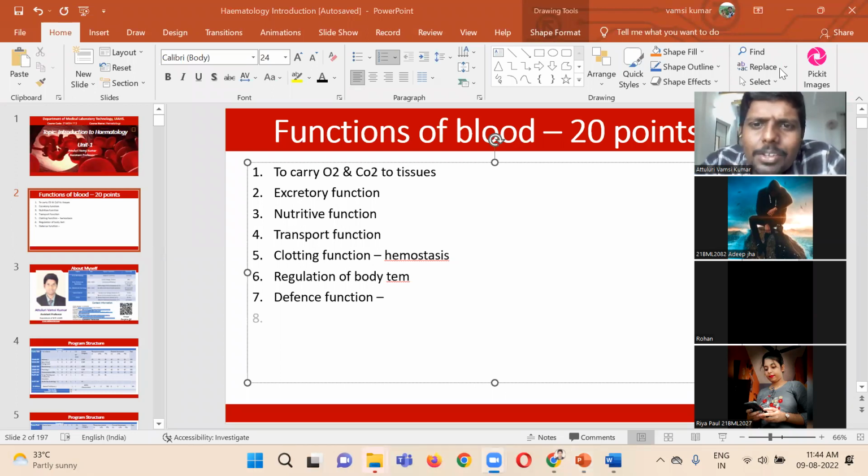Someone is saying muscle contraction. I want justification for this answer. How will blood facilitate muscle contraction? Can you tell me, Alina? Okay, muscle is one of the most oxygen-demanding tissues.